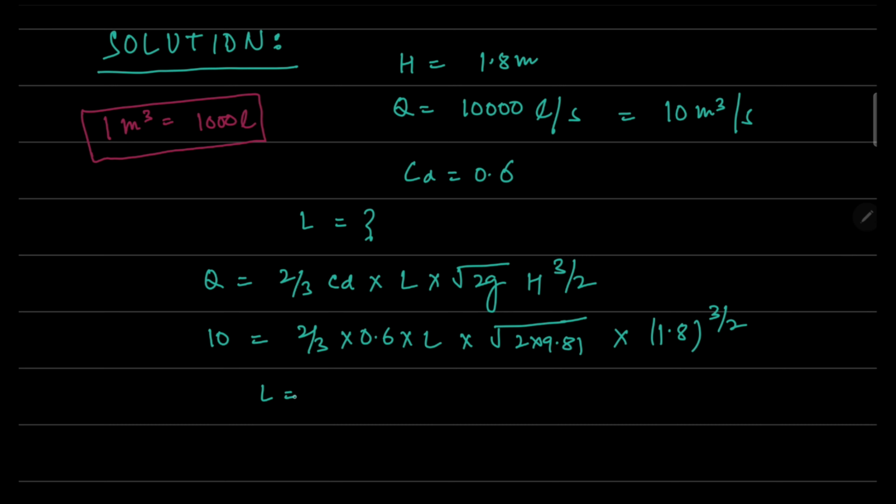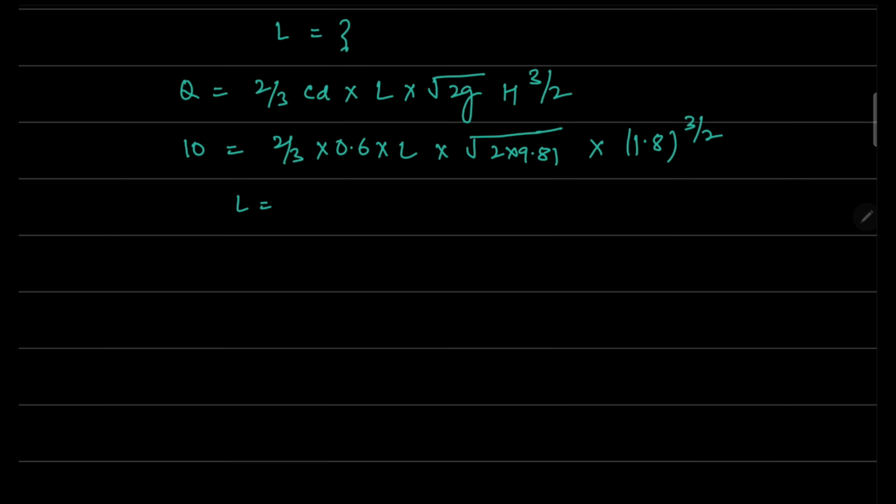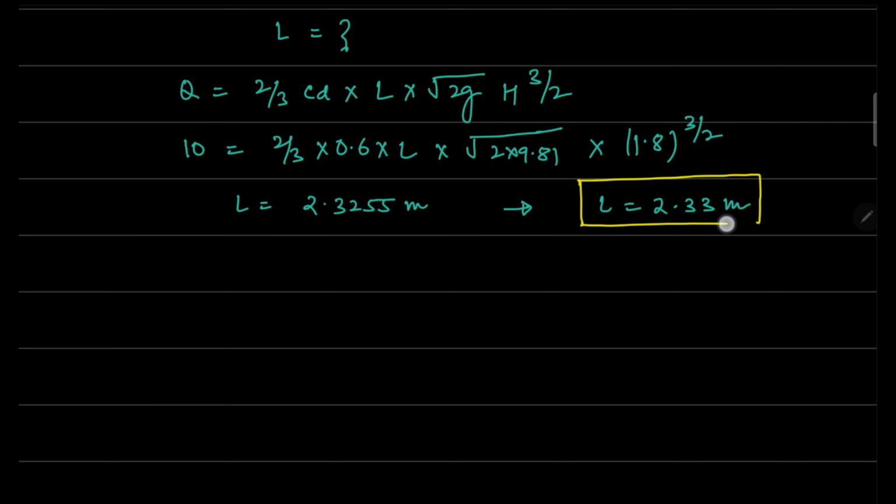So L comes out to be 2.3255 meter. However, the preferable answer should be in two decimal digits, because this is the length of the crest. So you can write that this is 2.33 meters. That is your answer, the length of the crest.